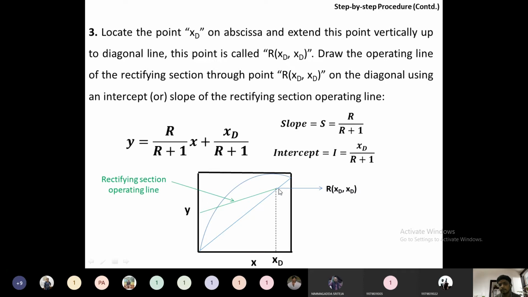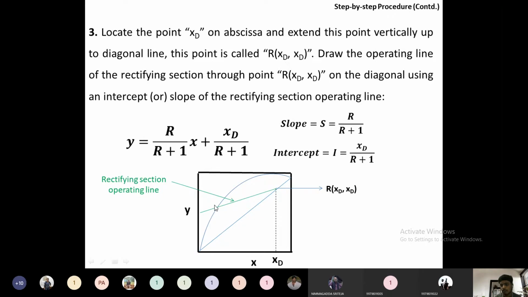From this point you have to use the rectifying section operating line equation, which we already derived: y = R/(R+1) x + xD/(R+1). Using this equation, by calculating the slope or intercept, we can draw the operating line for the rectifying section or enriching section.